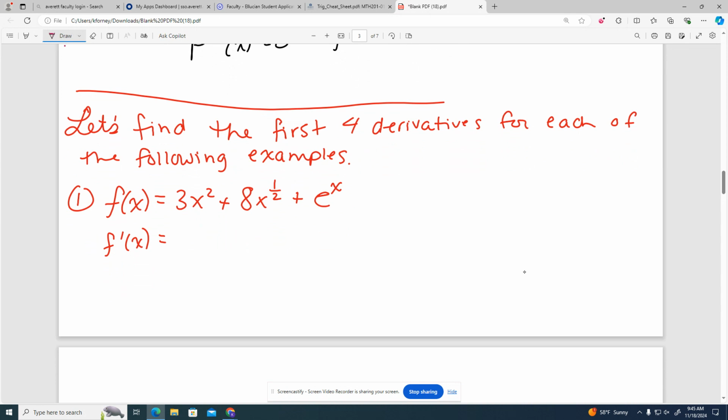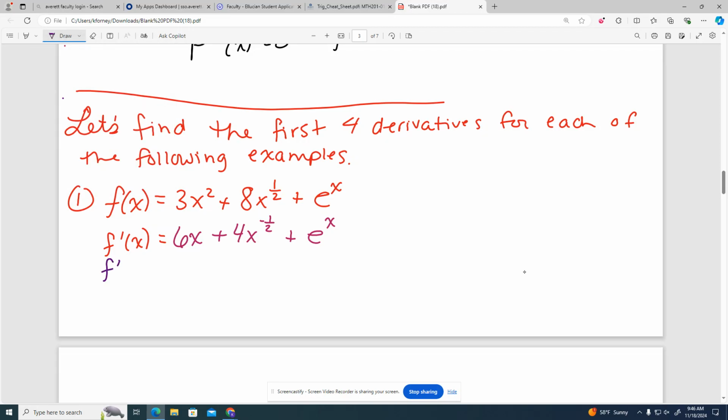So we're actually going to have to do 4 of these. Sorry, guys. 3x squared becomes 6x plus 8x to the 1/2 becomes 4x to the minus 1/2, and e to the x is e to the x.